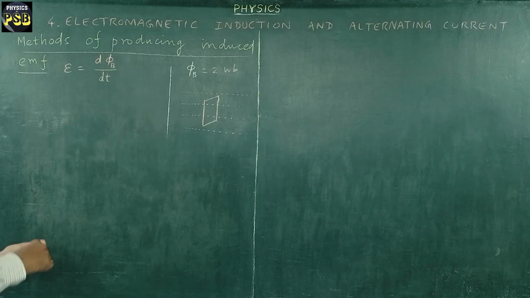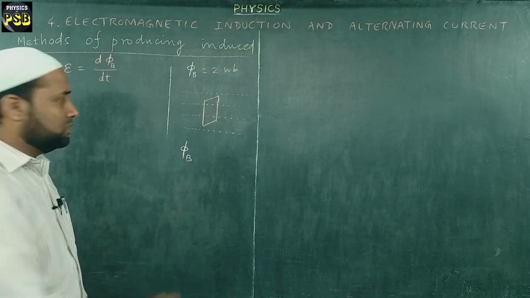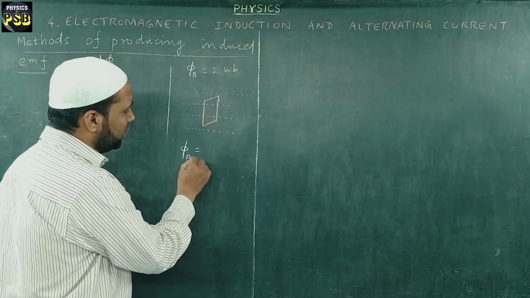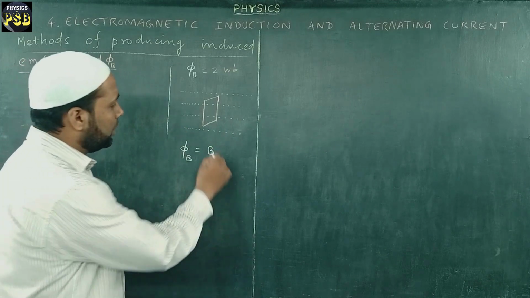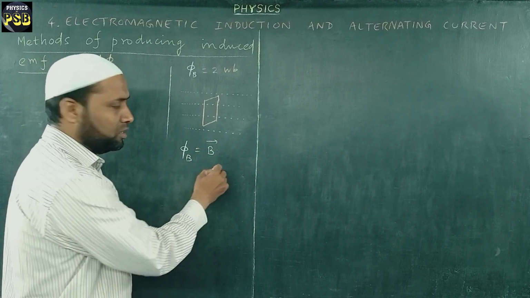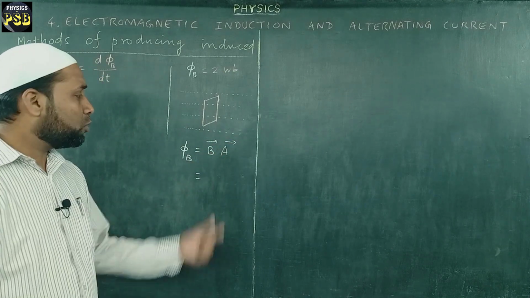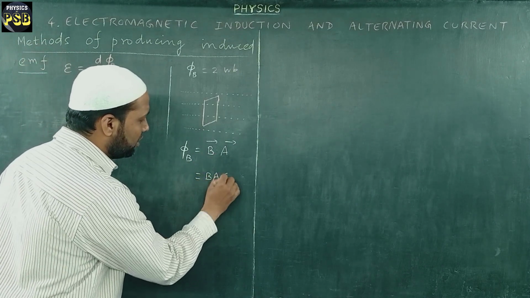Now, one more thing is known to us, phi b. From this diagram and from this explanation, phi b is obtained by multiplying the magnetic field with the area vector. Now, the dot product of vectors can be expressed as BA cos theta.